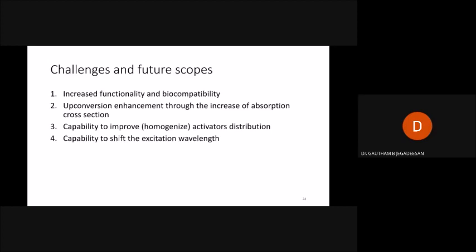The dopant, the activator or the sensitizer that we introduce into the host, should be homogeneously distributed into the entire system. Otherwise, concentration quenching will happen easily. There is another challenge. The last challenge is the capability to shift the excitation value. These are the challenges. If we can address them, surely we will get a lot of research topics. Surely it is a very, very hot topic currently, the biomedical application.